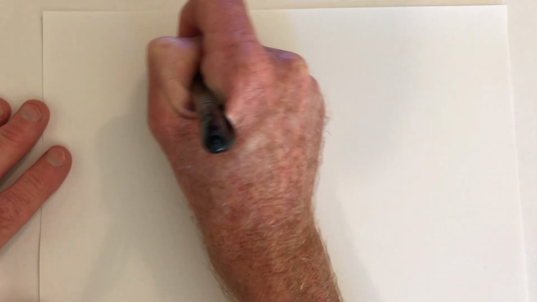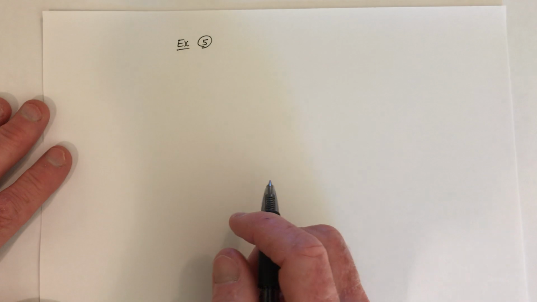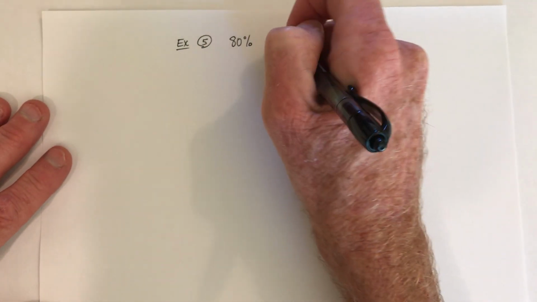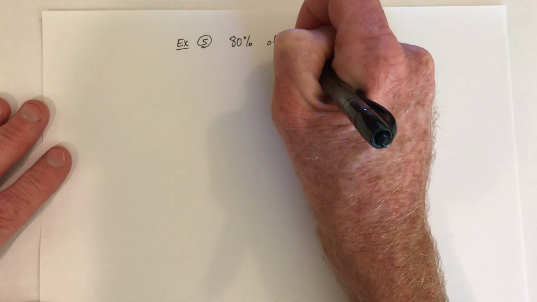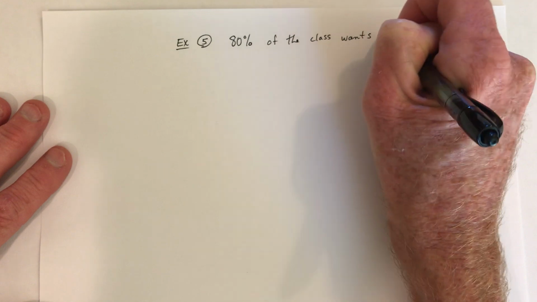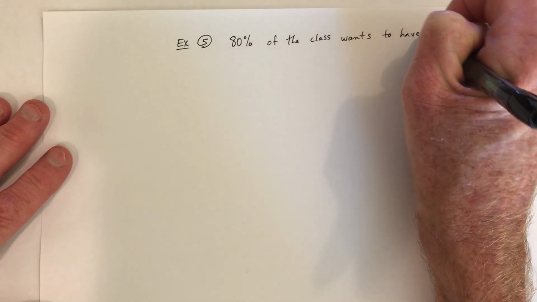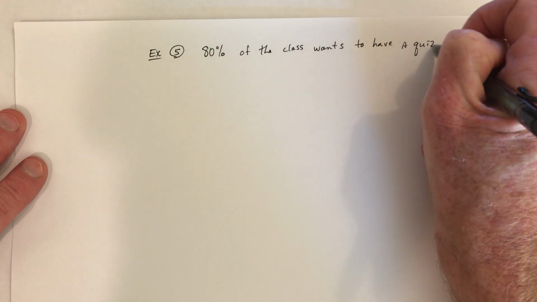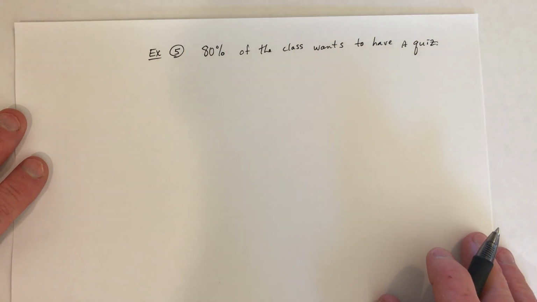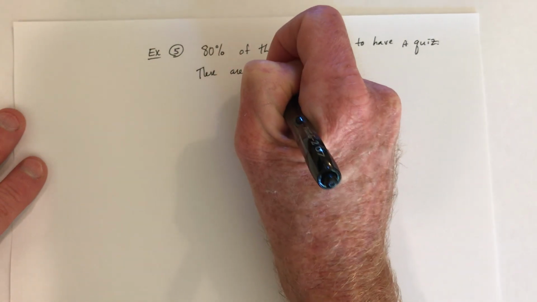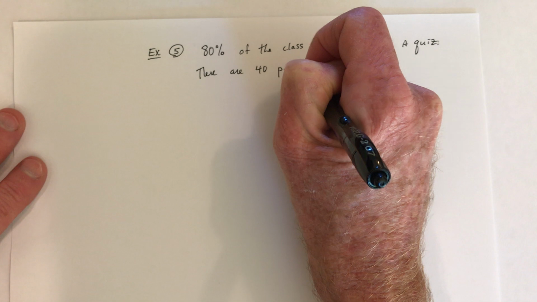Next, for example number 5, let's say that 80% of our class votes to have a quiz. And there are 40 people in the class.